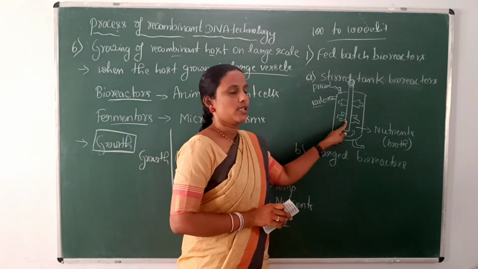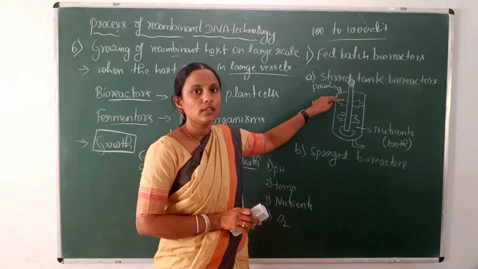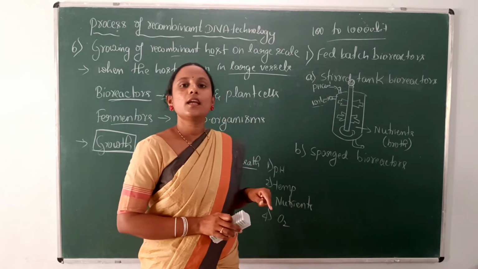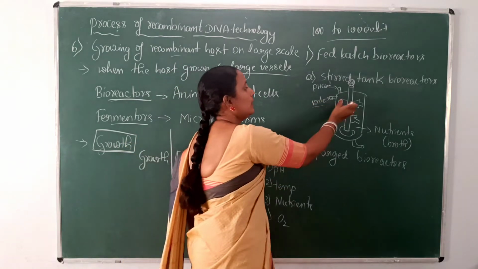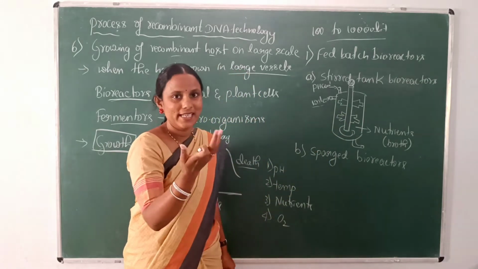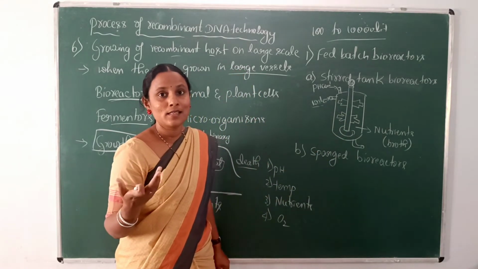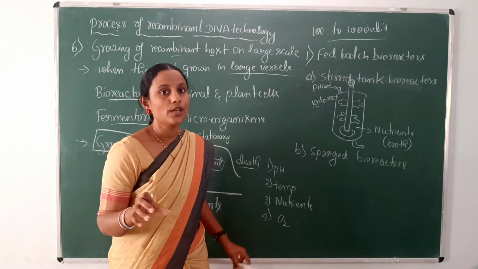And into this, first the nutrients will be filled in the form of broth, and to this the recombinant cells are added, and the shaft or the stirrer will be there. It will go on mixing it. So when there is mixing, the nutrient will have proteins in large amount.